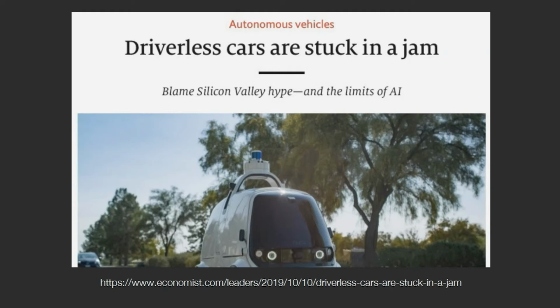One year later, October 2019, The Economist says self-driving cars are stuck in traffic, as they usually put it in headlines. So blame Silicon Valley hype, blame the marketing.